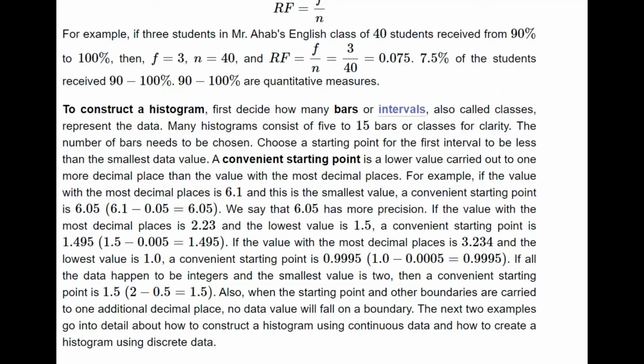So, for example, if the value with the most decimal places is 6.1, then this is the smallest value. And similarly, we move on to the larger values until a certain limit that we have set for our data set. So please read this information by pausing this video and try to grasp the idea in your mind.